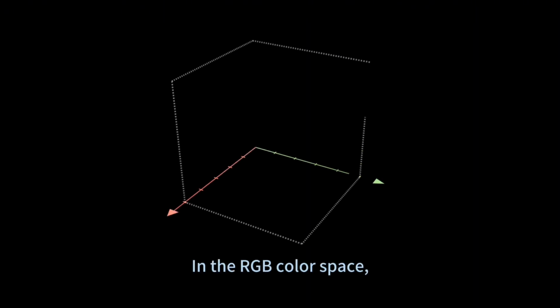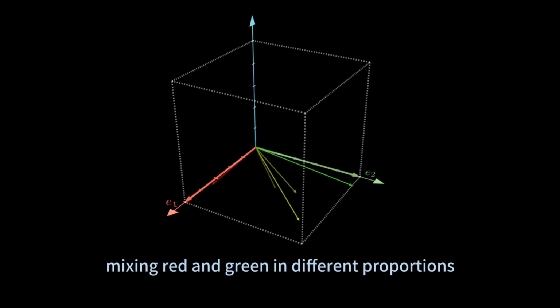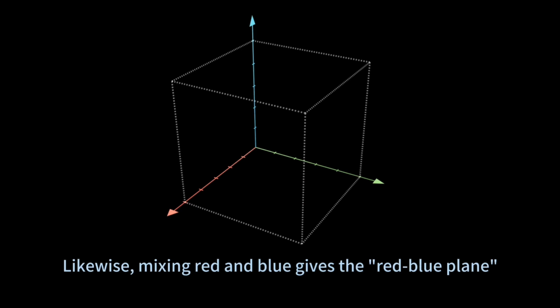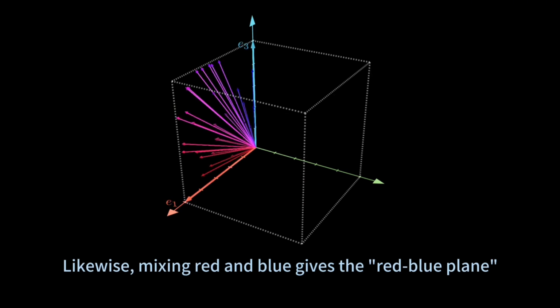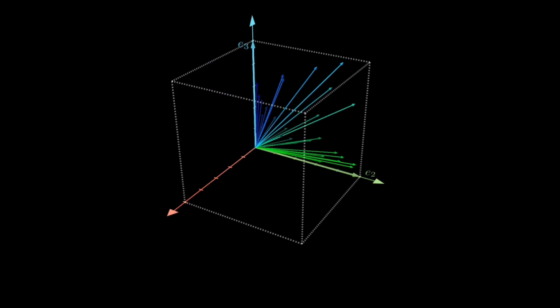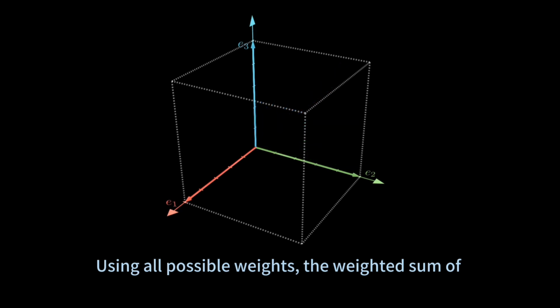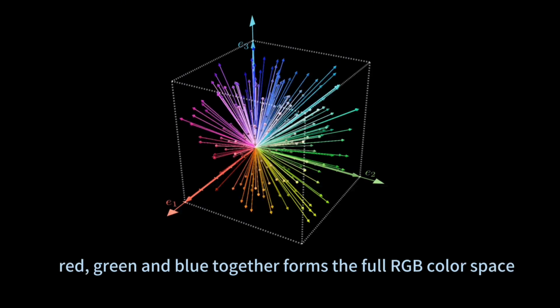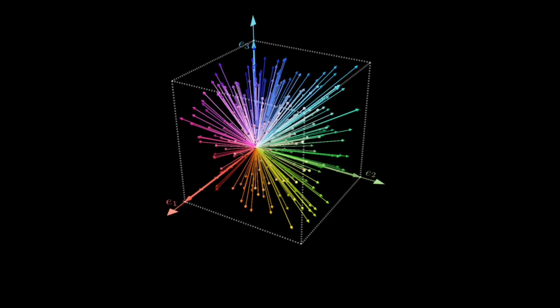In the RGB color space, mixing red and green in different proportions forms the red-green plane. Likewise, mixing red and blue gives us the red and blue plane, while mixing green and blue creates the green-blue plane. Using all possible weights, the weighted sum of red, green, and blue together forms the full RGB color space.